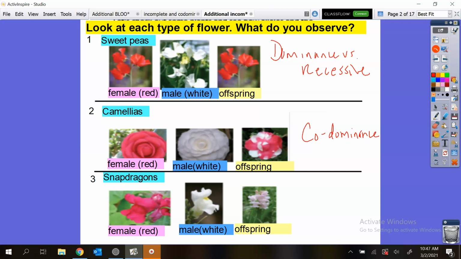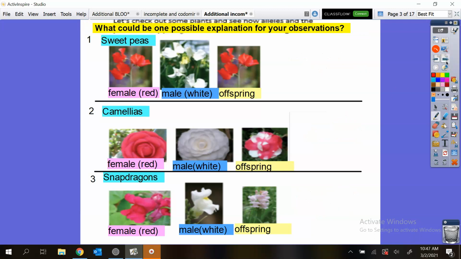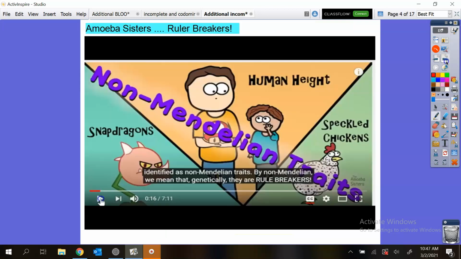And then in this third case, what would this one be? Very good. This would be incomplete dominance because you have a mixture or a blending in the offspring and a third new phenotype is created.